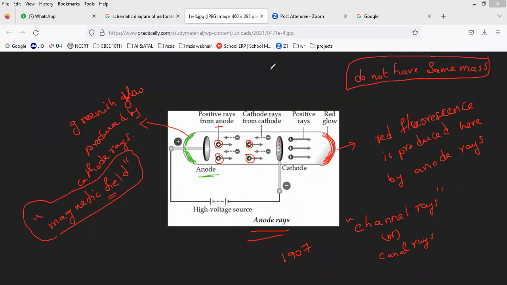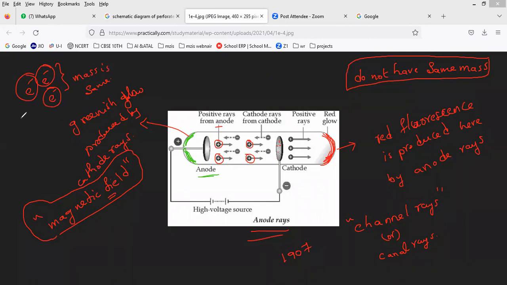So the lightest one was found when hydrogen gas was used in the tube. Electrons, whatever the gas you use, all have the same mass.